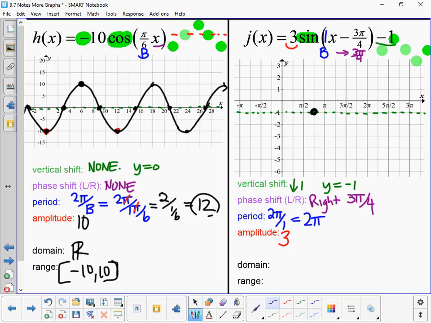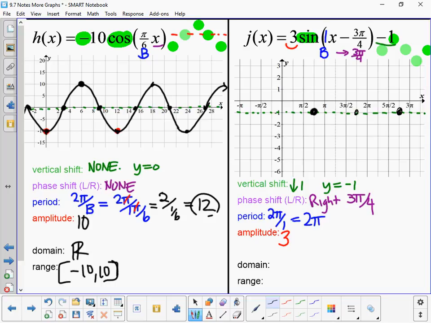And then the ending point of that cycle, well, normally it would be at 2 pi. The length of the period is 2 pi, but because we have this phase shift, we need to also shift that one by 3 pi over 4 to the right. So this is the beginning and end of one cycle of our function.